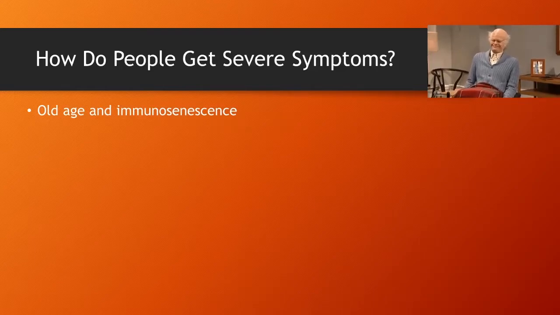I mentioned earlier how SARS-CoV and SARS-CoV-2 probably cause severe symptoms by decreasing the amount of helper T cells. Well, with immunosenescence, you've already got fewer T cells to begin with. But you have a robust immune system.